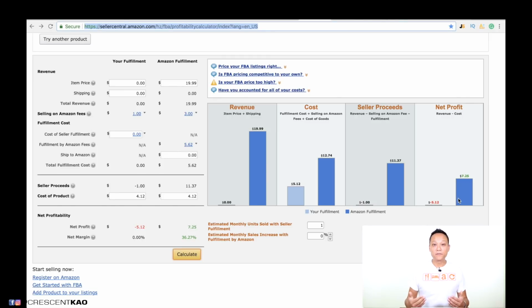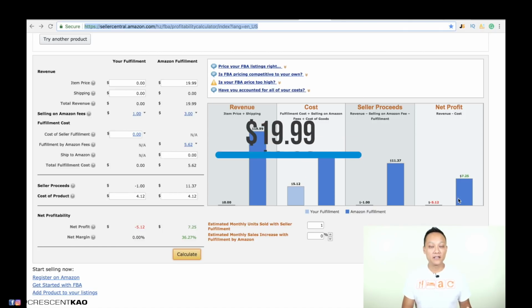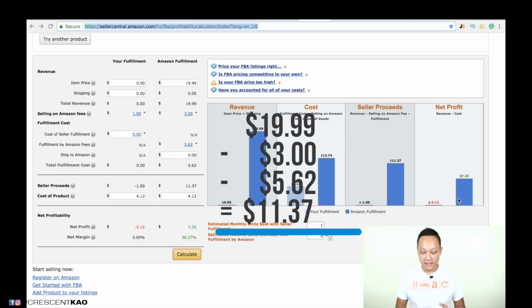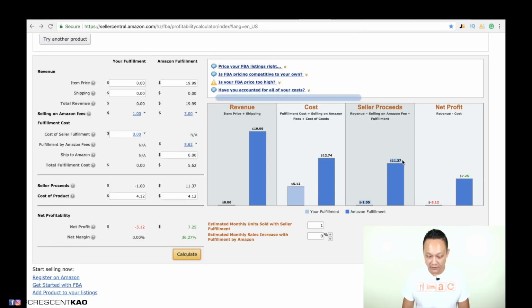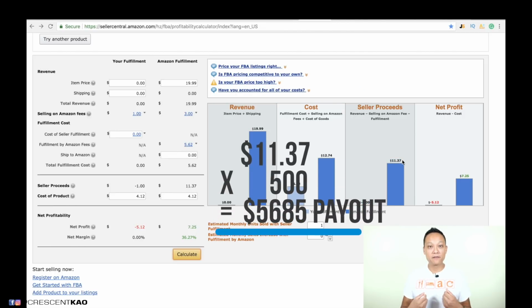All right, so now to figure out what your total revenue would be if you sold all of your 500 units, you're gonna take your sale price, $19.99, minus all your fees, which is $8.62, which leaves you your profit per unit of $11.37, right? So if you multiply that by 500, you get $5,685.